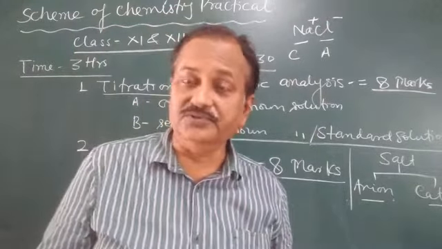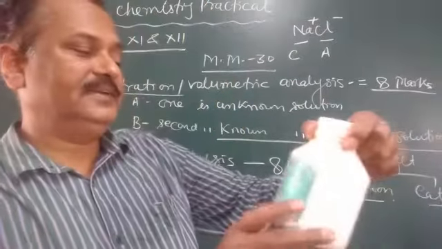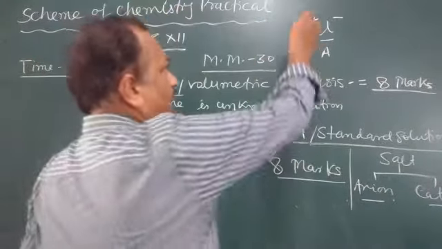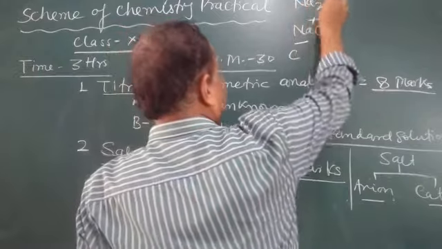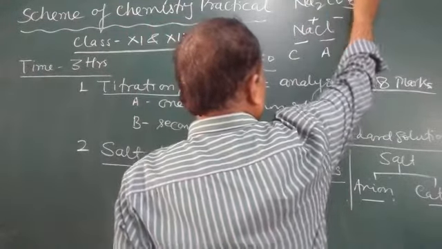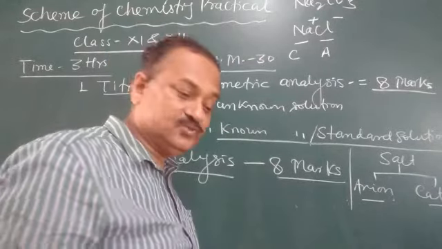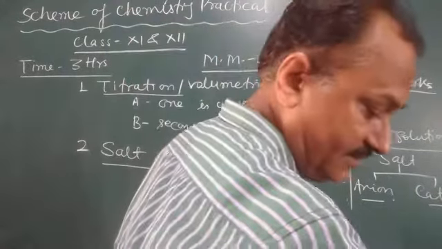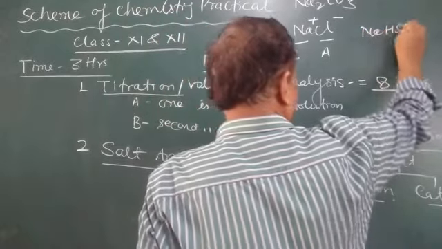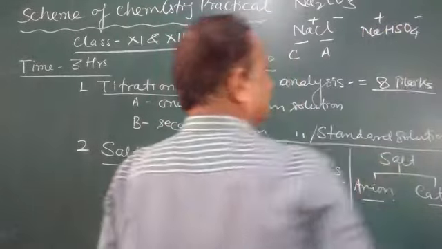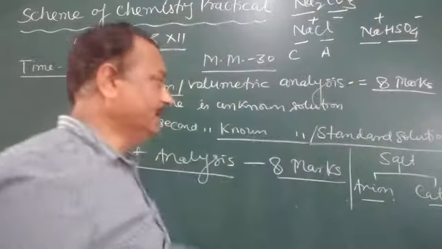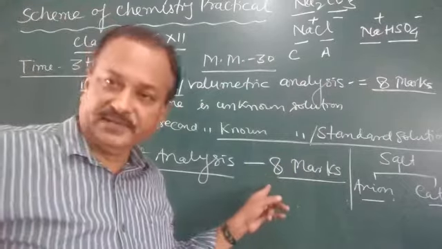Suppose we take sodium carbonate, Na2CO3. Sodium has a positive charge, carbonate has a negative charge. Then sodium bisulfite, this is the cation, this is the anion. So this carries 8 marks.